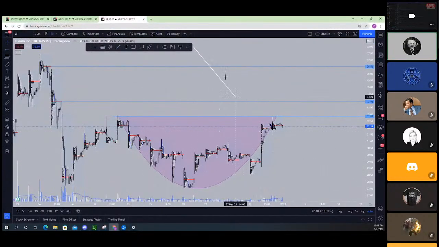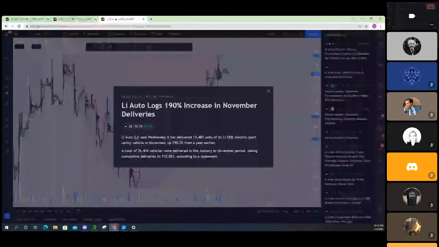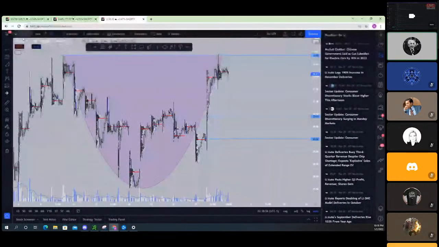Would the EV stocks be sympathies for Tesla, possibly rallying tomorrow because of numbers? Exactly. Yep, exactly. And I'm pretty sure Neo had, look at this. So Tesla had, I believe, 87% increase, right? Let me just make sure.